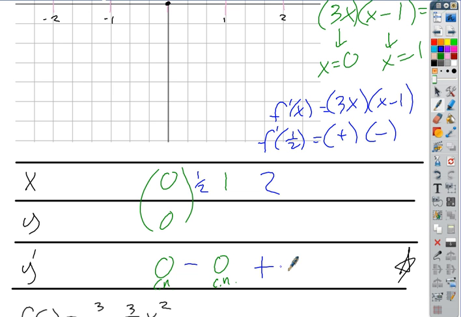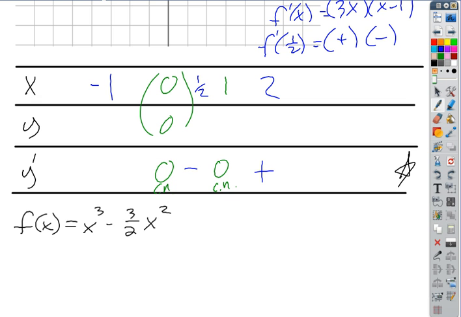Okay? And if we go down to -1, let's say. If I put -1 in, f prime of -1 would give us negative times negative, which is positive. Okay, so then this is positive.